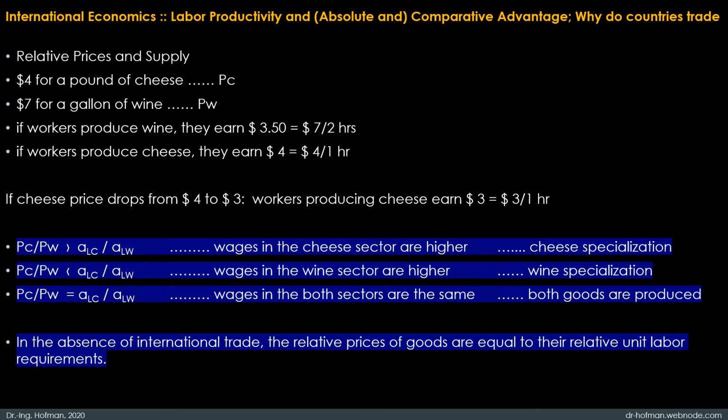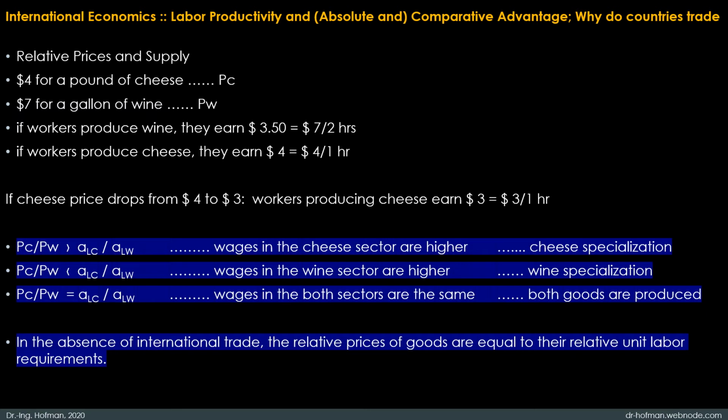Bear in mind that since labor is the only input into production here, there are no profits. So workers receive the full value of their output. On the other hand, if workers produce wine, they will earn only $3.50 an hour because a $7 gallon of wine takes 2 hours to produce.